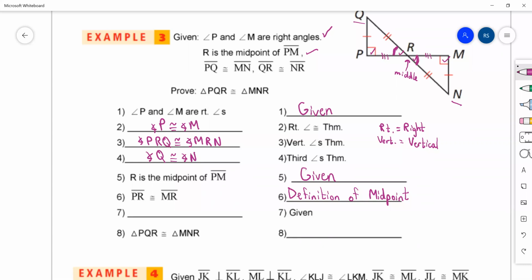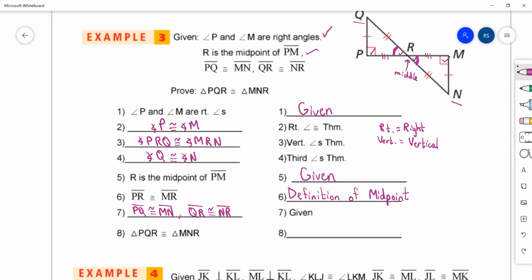Now, number 7 says it's given. So I'm going to look up in given and see what's the only one I have not used yet. I have not used PQ is congruent to MN and QR is congruent to NR.